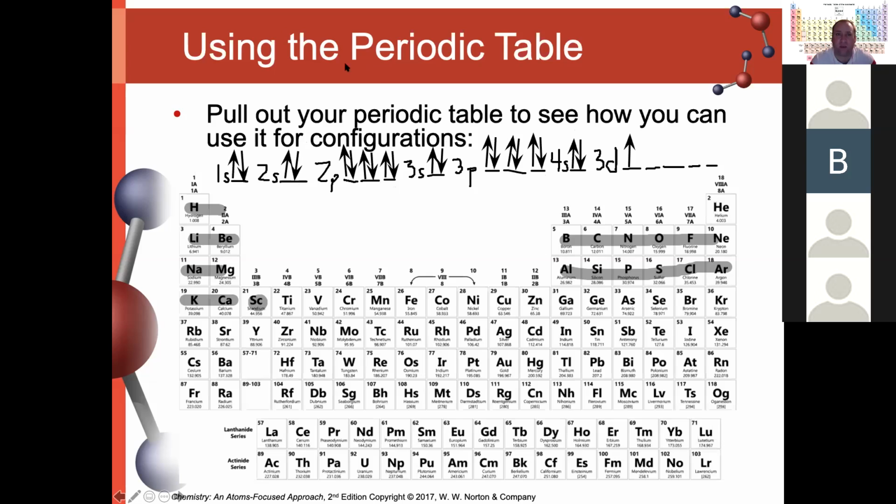Now, if I wasn't being asked to do an orbital notation, if I was just going to do a complete electron configuration like we had done in the past, same kind of idea applies.